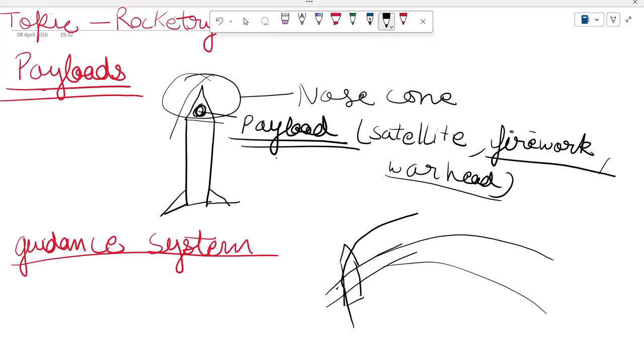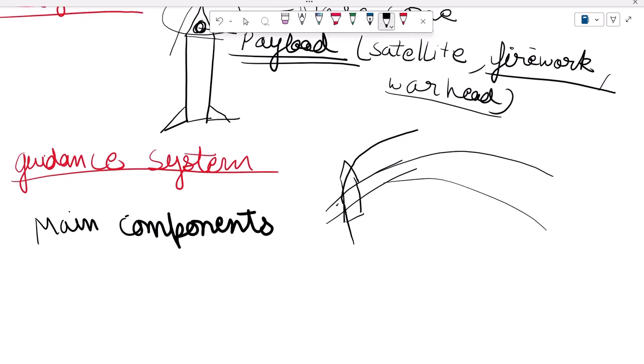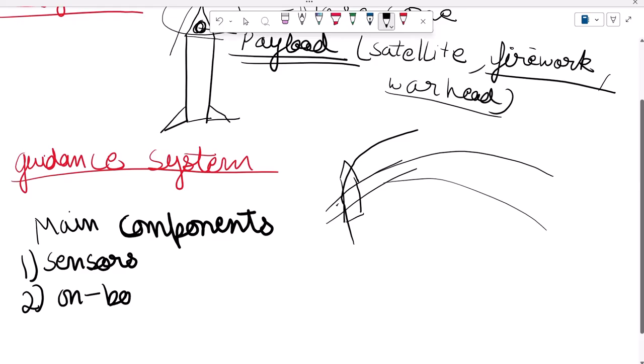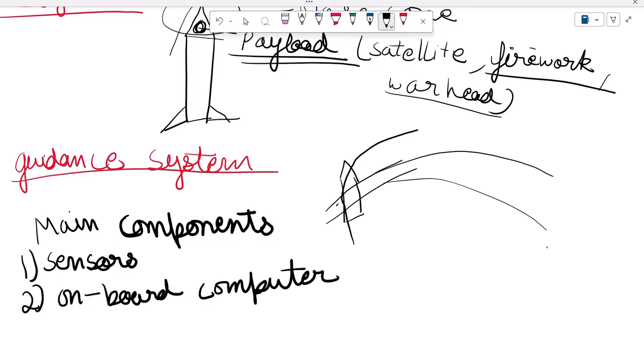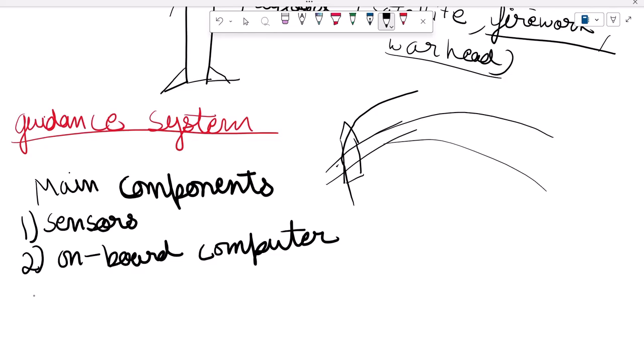Its main components are number one, sensors; number two, onboard computer; and number three, the last, the actuators.